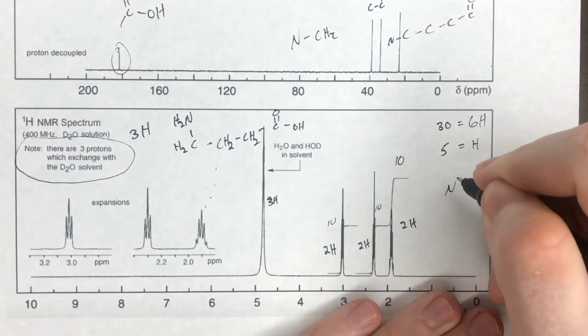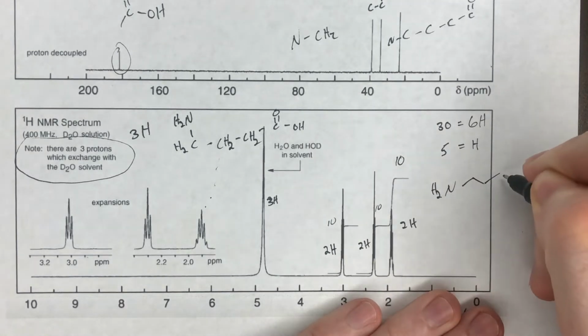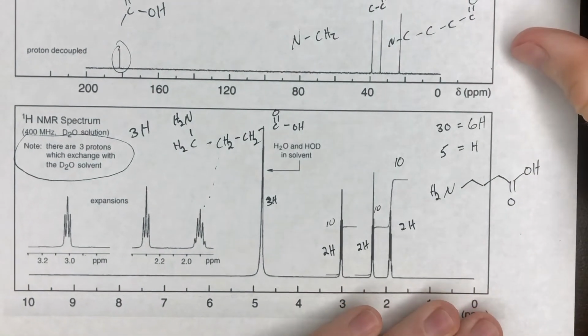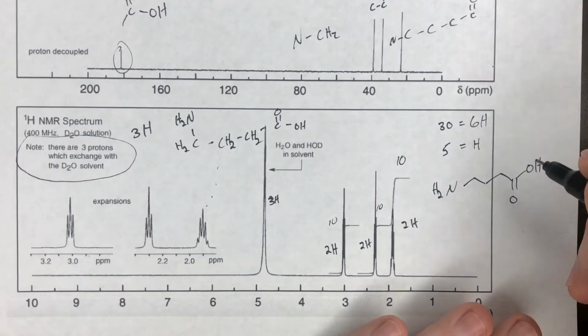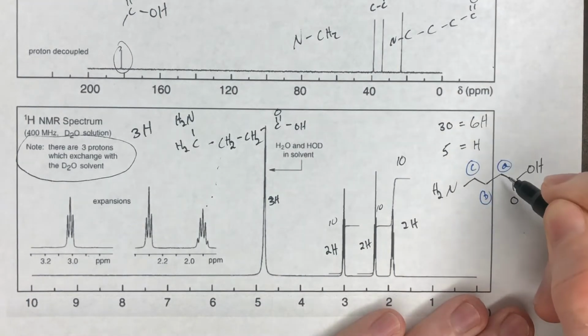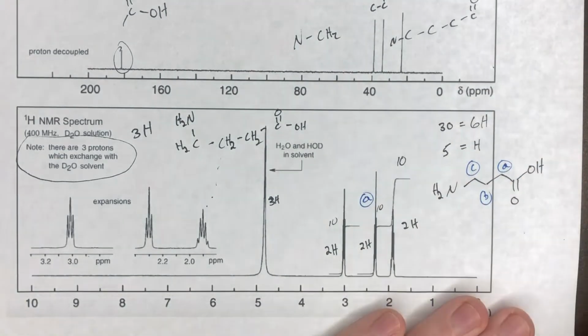So we have 1, 2, 3, 4. Here's our structure, and then we can label each peak corresponding to each structural feature. So here we have, let's call this A, this B, this C. A is adjacent to the carbonyl, so that's going to be this middle peak.